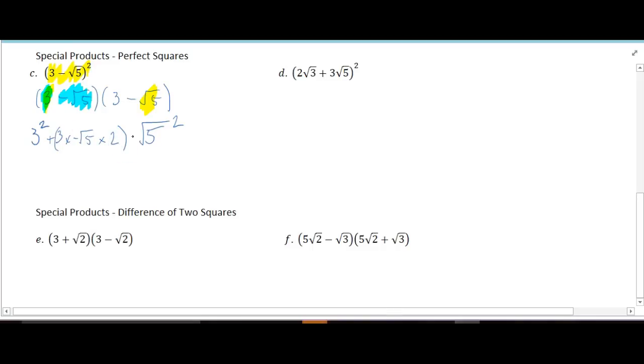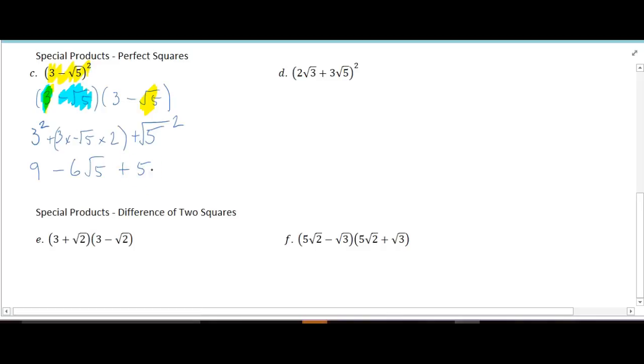That will give you the middle term. Let's simplify that. The square of 3 is 9. Now 3 times 2 is 6, times negative 1 is negative 6, and we've got a root 5 there too. And finally we've got our plus square root of 5 squared, which is just 5.